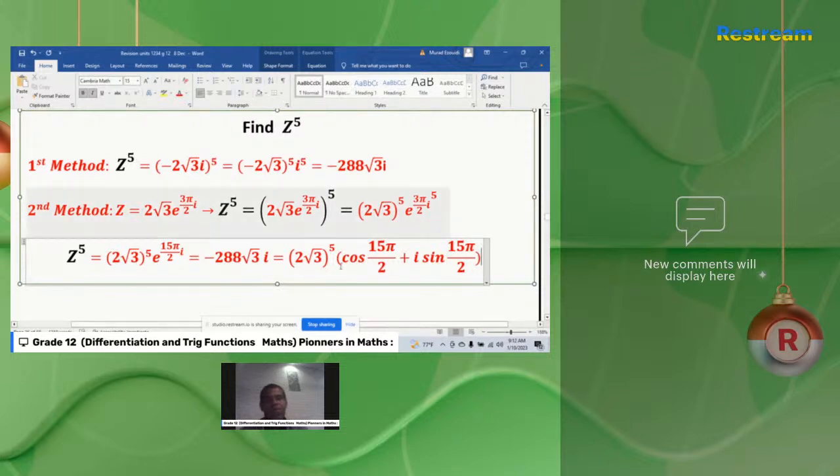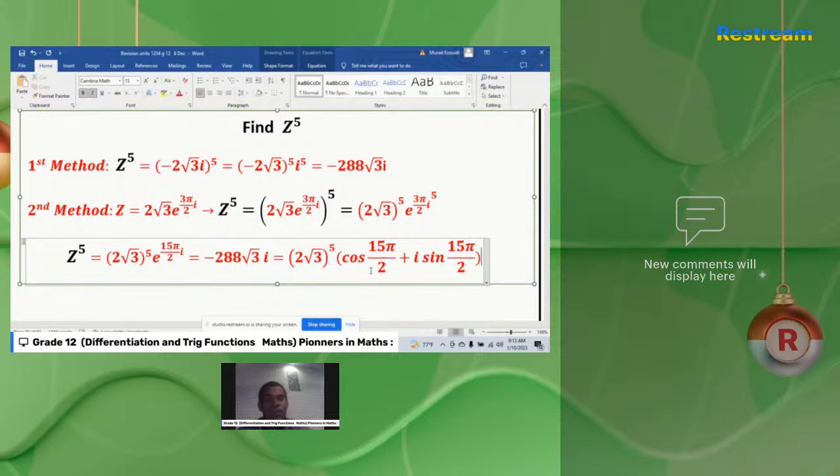Learners, this one, cosine 15 pi divided by 2, is 0. And you can use a calculator, you make sine of 15 multiplied by pi over 2, which is 90 degrees, and it gives -1.